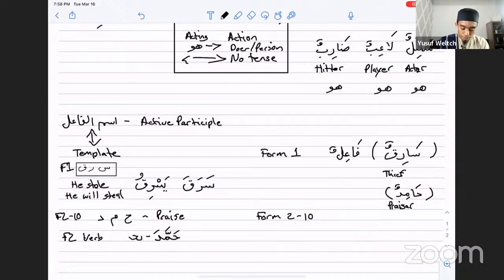Close. Ma or mi? In the dictionary, it has an A. The letter A, U, or I is only for form 1. So it's hamida yahmadu. But when you go to form 2, it follows the patterns that you've memorized. It's not mentioned there how you pronounce it.